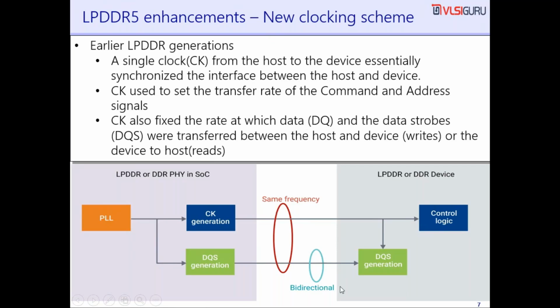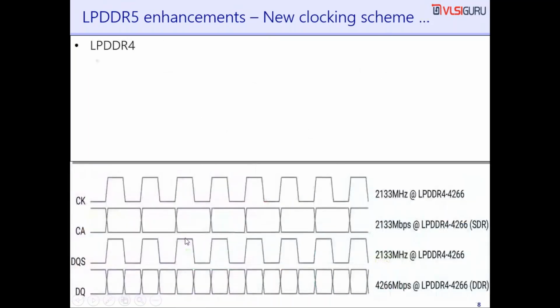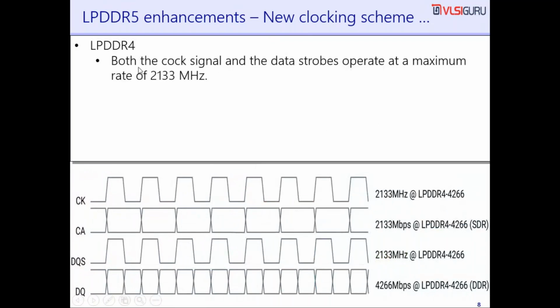So essentially the entire circuitry is based on a single clock in earlier generations of the LPDDR. Now if you look at LPDDR4, both the clock signal and the data strobes operate at a maximum rate of 2133 megahertz.